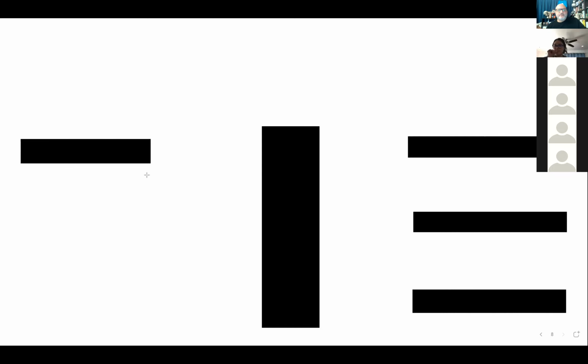Here, of course, is our sternum. Here are our ribs. And again, obviously, I'm drawing very, very basic examples of these things.